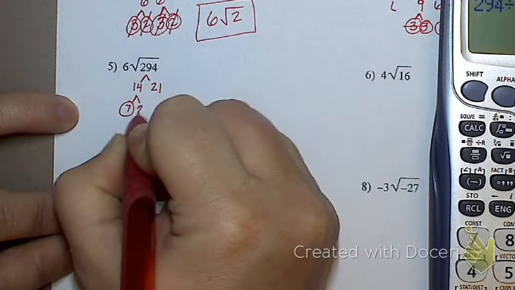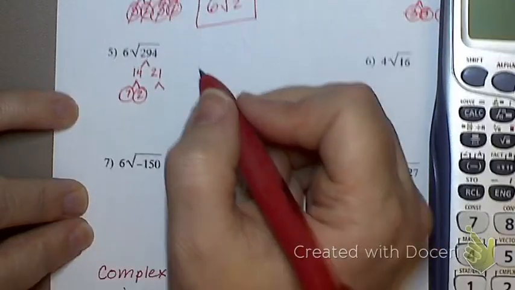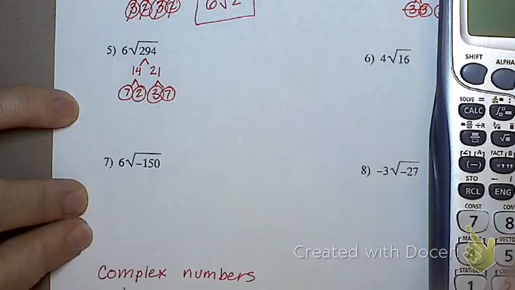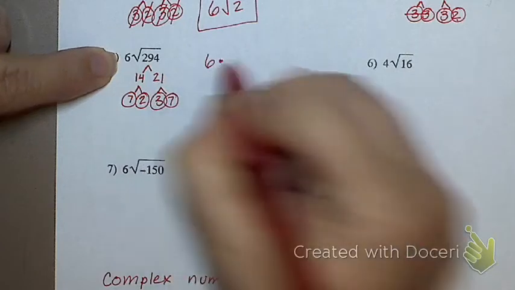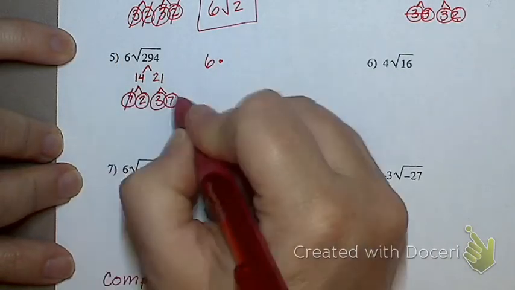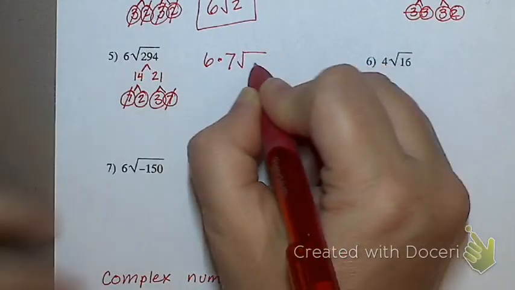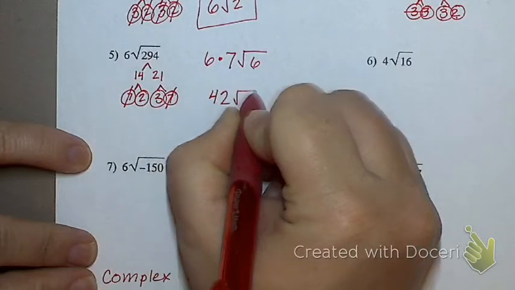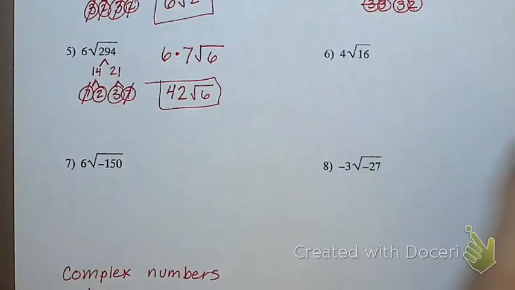If I couldn't come up with that for some reason, I can always just divide by 2, and it'll get down pretty quick. 3 and 7. I already have a 6 outside. What else is going to come outside? 7. And what's inside? 2 times 3 is 6. So what have I got? 42 radical 6. Easy peasy.